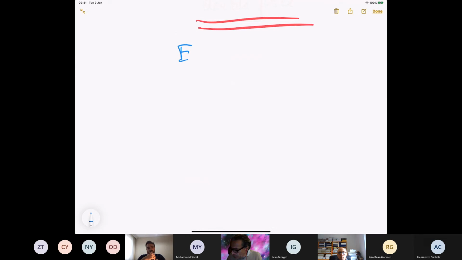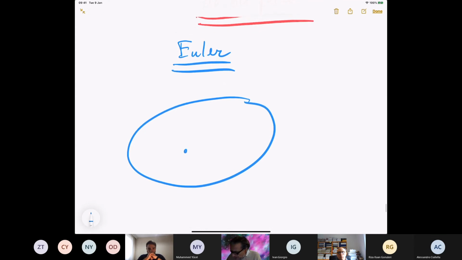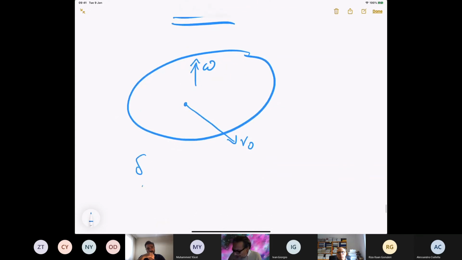Okay. So what I want to remind you is a reasoning which we already did. This reasoning is due to Euler. You have a rigid body. Okay? This rigid body is translating with the velocity v0, and then it has an angular velocity omega. So the virtual displacement of this is v0 delta t plus omega delta t vector (x minus x0).